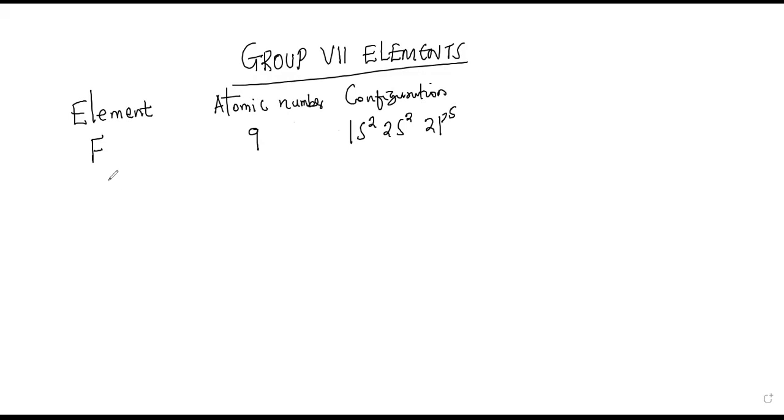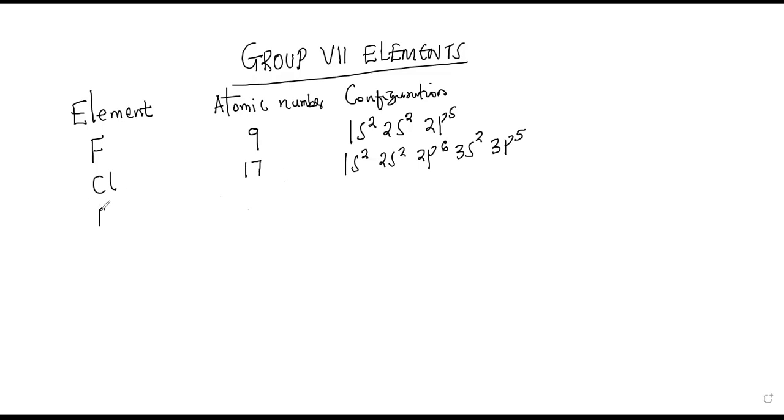Chlorine has atomic number 17, implying that its configuration is 1s2, 2s2, 2p6, 3s2, 3p5. That is the configuration of chlorine.